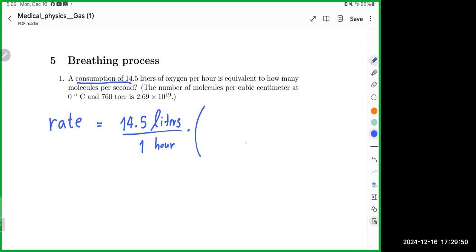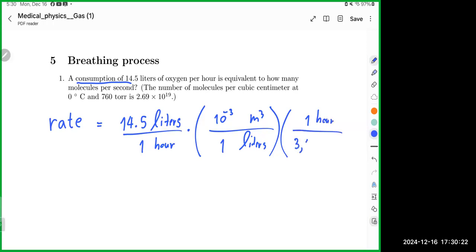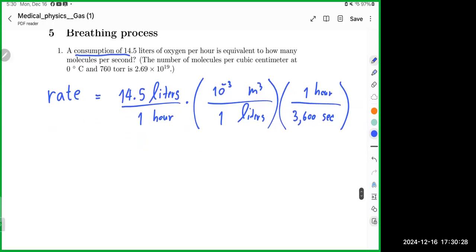We just change from liters into cubic meters. 1 liter is 10 to the minus 3 cubic meters. An hour should be converted into seconds, with 1 hour being 3,600 seconds. Okay, just leave it right here.